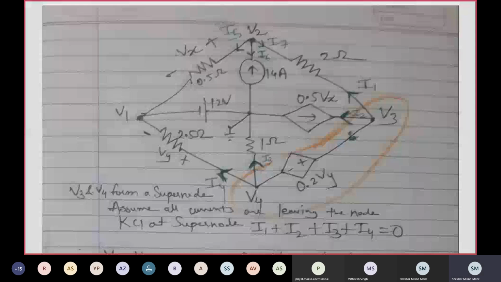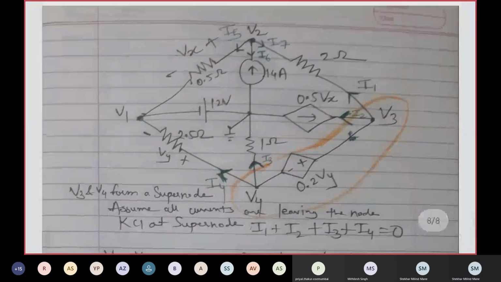Now can you see the diagram? Yes, sir. Okay. Now next part is our assumption part. Now we have to apply KCL at the remaining nodes. KCL at supernode, then KCL at remaining one node. At V1 we cannot apply KCL since we directly get the value of V1.